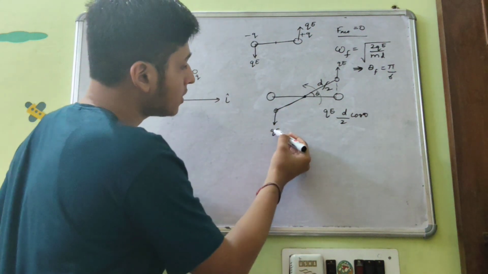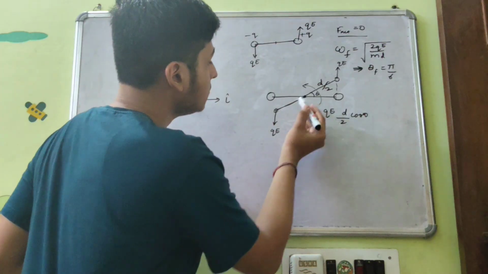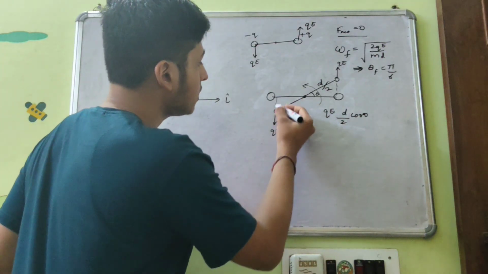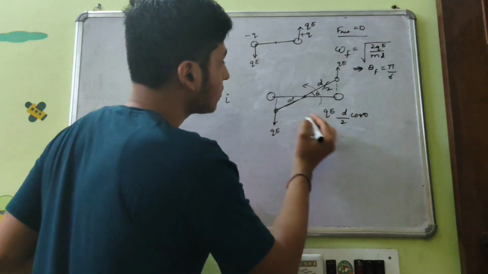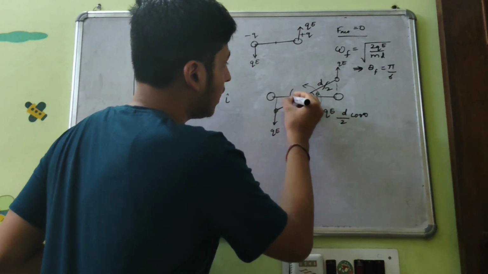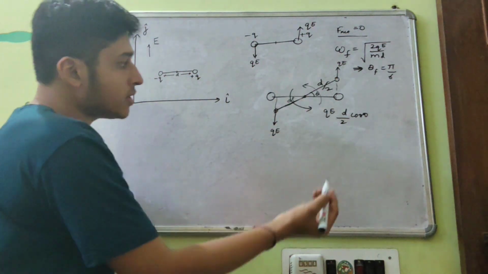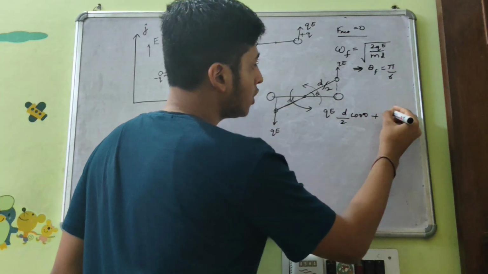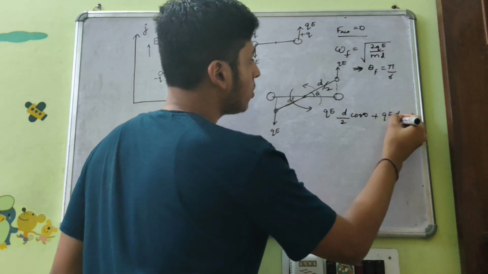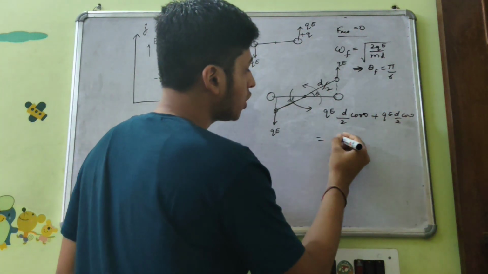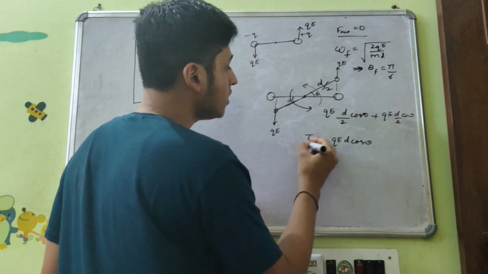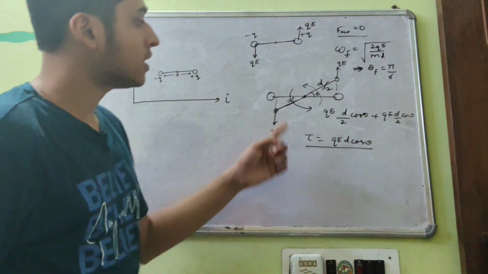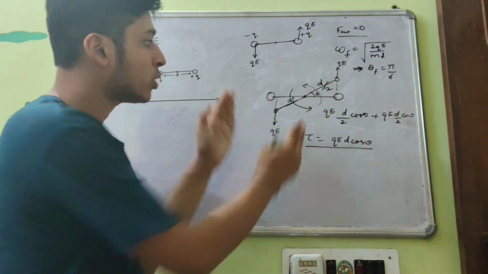The torque due to this force QE about the center of mass would be QE times this distance, which is d by 2 cos theta, in this sense, so they both are in the same sense. So plus QE d by 2 cos theta. So this would be QE d cos theta. This is the torque as a function of theta when it has rotated through angle theta.